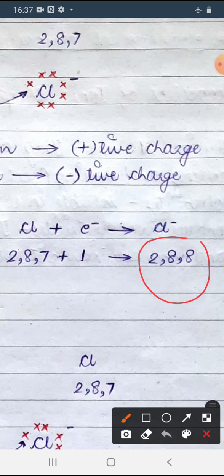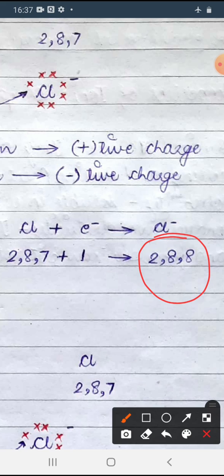Now it will attain the 2, 8, 8 electronic configuration. 2, 8, 8 is the stable electronic configuration for chlorine. In the third orbit 8 electrons are there. So chlorine has also attained a stable electronic configuration, means the valence shells of both the elements have stabilized themselves.